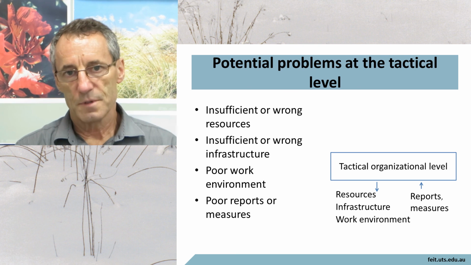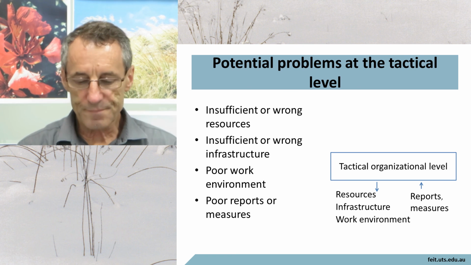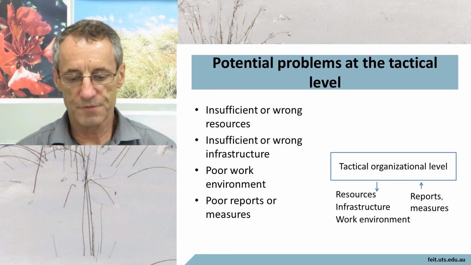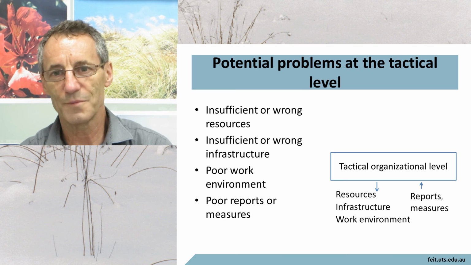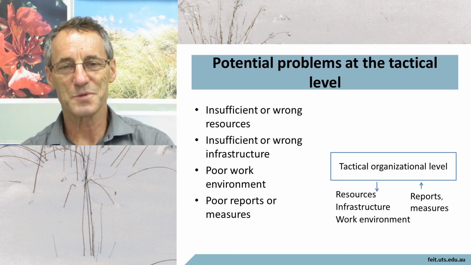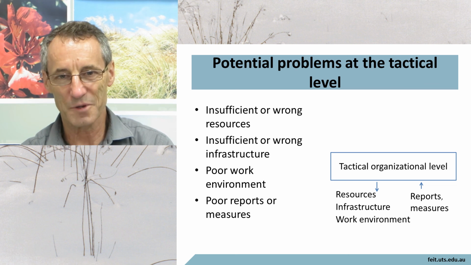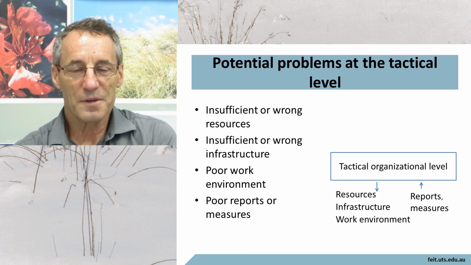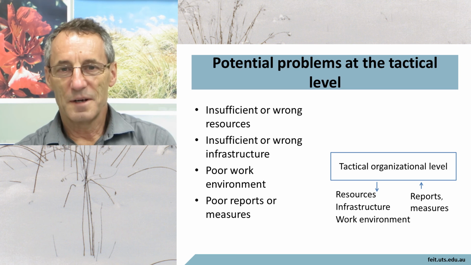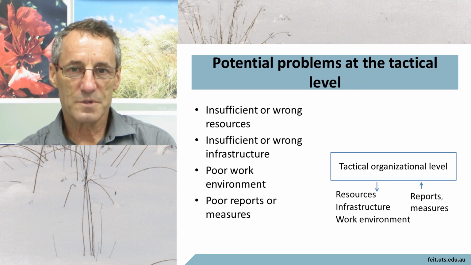Now the problems at the tactical level, again, insufficient or wrong resources. That'll kill it every time. If you do not have enough resources to allow the quality management system to do its job as it is intended, well, it's not going to get done, is it? You could have insufficient or the wrong infrastructure.